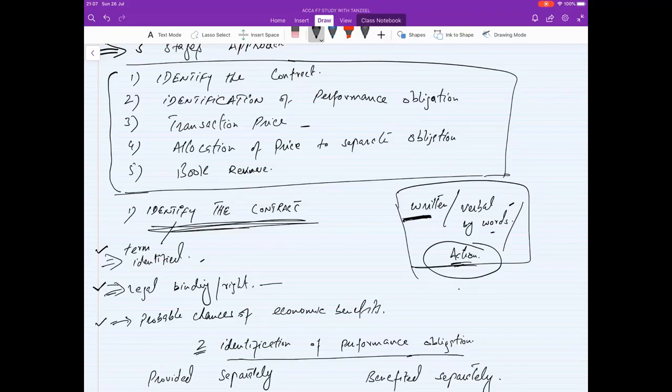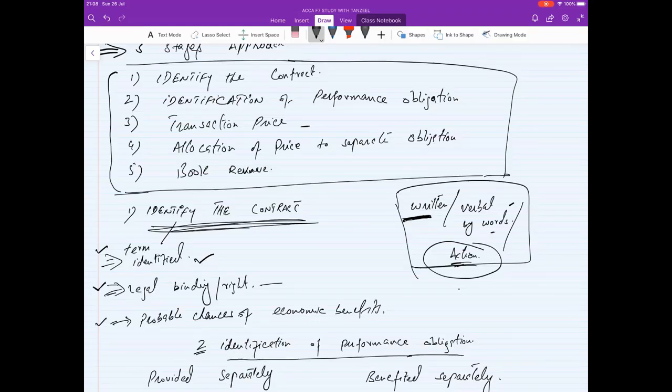So the first thing is we need to identify whether the contract is actually a contract or not. These are three things which are compulsory to have a contract.